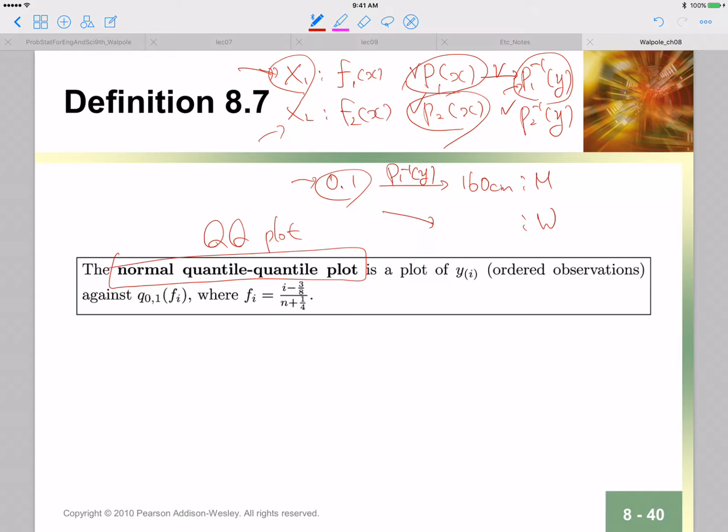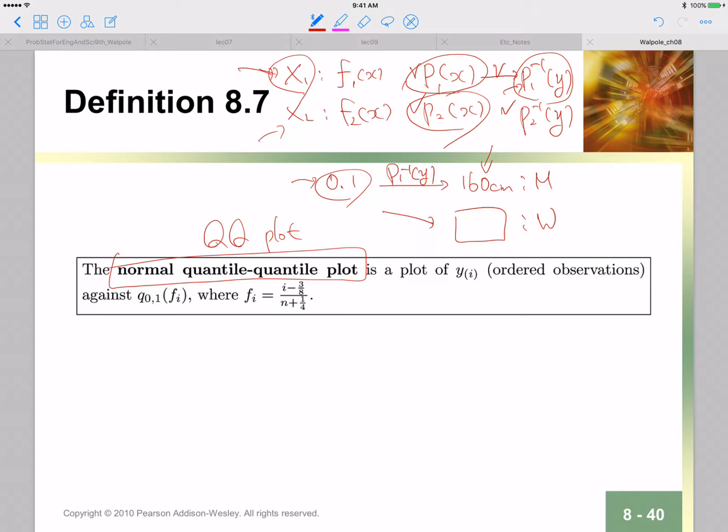That means for men, the lowest 10%, the 10% shortest persons among all the men, have a height of 160 centimeters. And we can also think about the corresponding women's height at the lowest 10% among the women's heights.